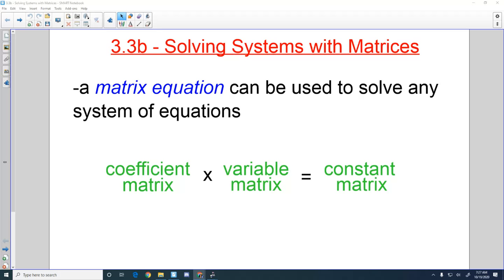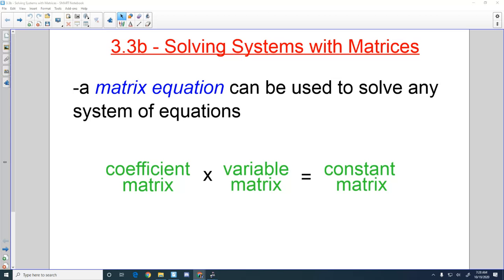So if you recall, a constant is just a number that doesn't have a variable next to it, right? It's just the numbers that are all by themselves. And so that's going to be what's in the matrix on the right. So this is a similar setup to Cramer's rule in a way, but we've got this variable matrix here instead. So here's the general setup that we're going to be creating.